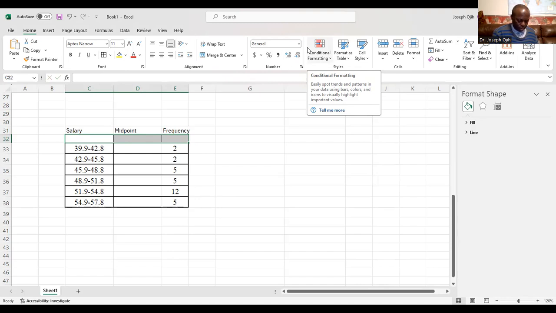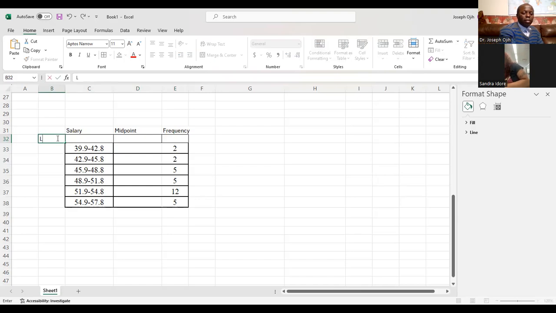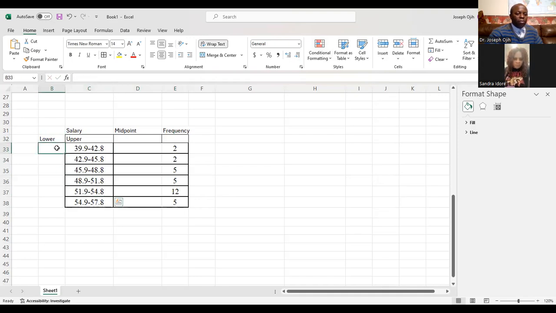Anyway, now we have the lower interval, then the upper interval. For the lower, remember, all the numbers on the left are the lower interval. So the first one will be 39.9.